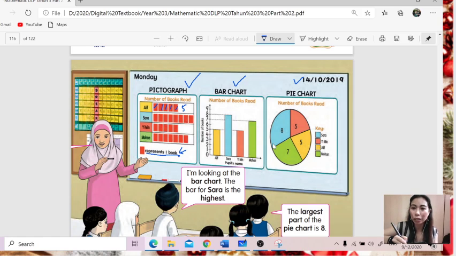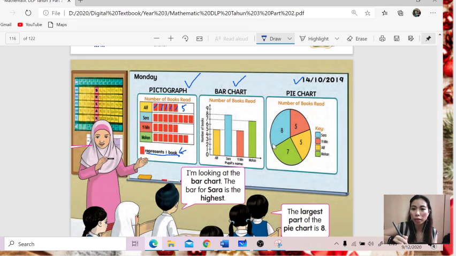Okay, for the pie chart, you can also straight away detect which one is the largest or the biggest number by looking at the portion. Look here, the area is big. So we can see when they shaded or colored the parts, who is the biggest portion.